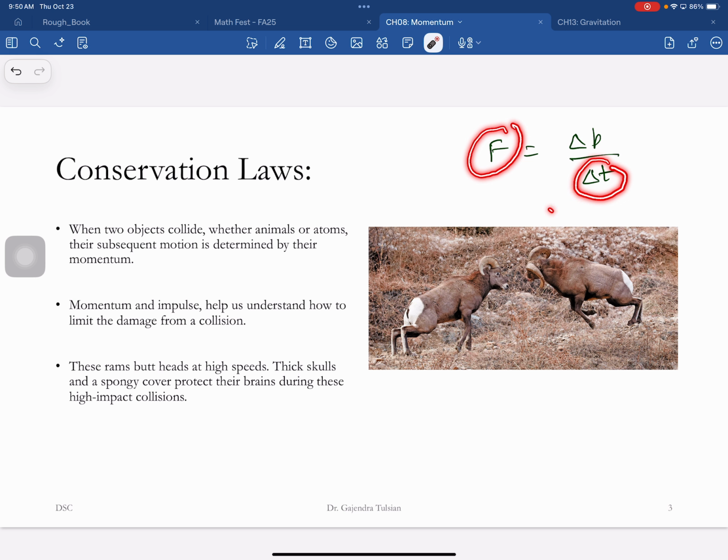You increase the stopping time, and the force will be smaller. The way they do that is their skulls have spongy plates, and on top of that, they have tufts of hair. That's like a cushion, like an airbag, and that's what lengthens the collision time and decreases the force. They've got built-in football helmets, the best kind.